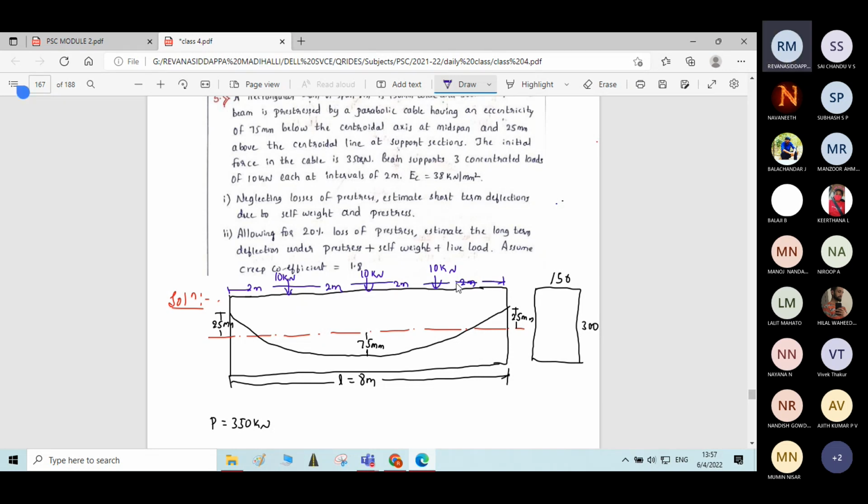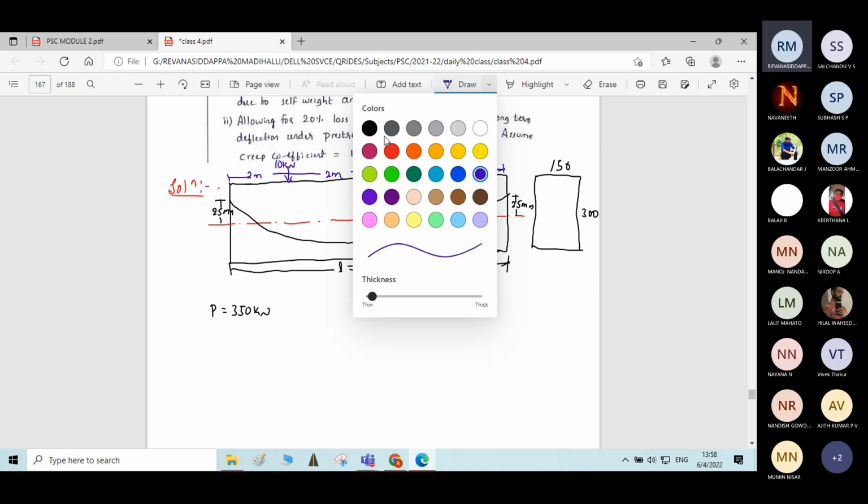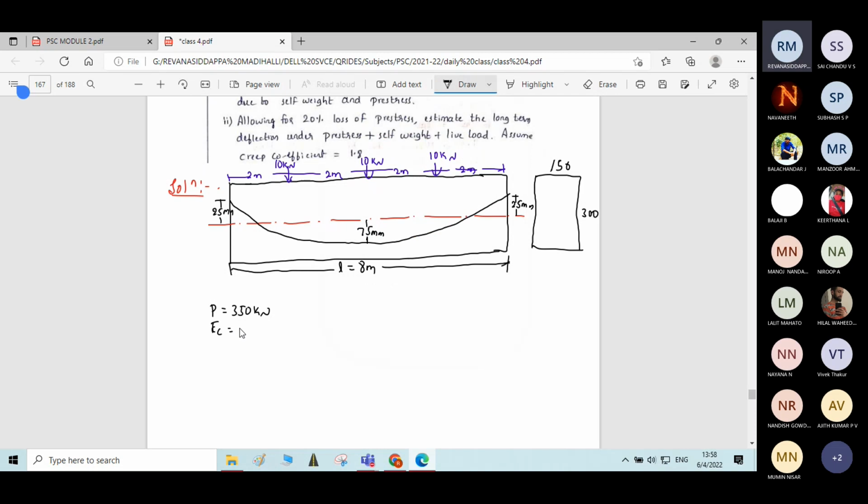Okay, then Young's modulus of concrete is given. EC is given as 35 kilonewton per mm square, which is equal to 35 into 10 power 3 Newton per mm square.